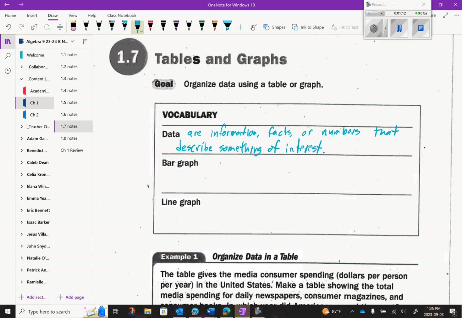Now, it may sound weird because too many people use that word incorrectly. The word data is plural. So when I've written here data are information, not data is, this is the correct way.